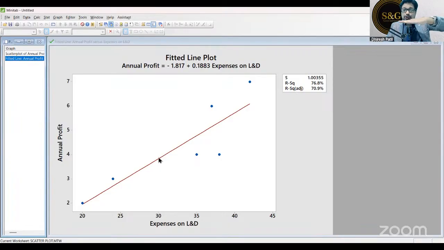If the slope is a little flatter, it will be less slope, right? If the slope is very stiff like this, when we are driving, sometimes it is very uphill, no? Very stiff slope. That is called a stiff slope, where a small change in x will have a bigger impact on y. If the slope is a little flatter, a huge change in x will have a very small impact on y.